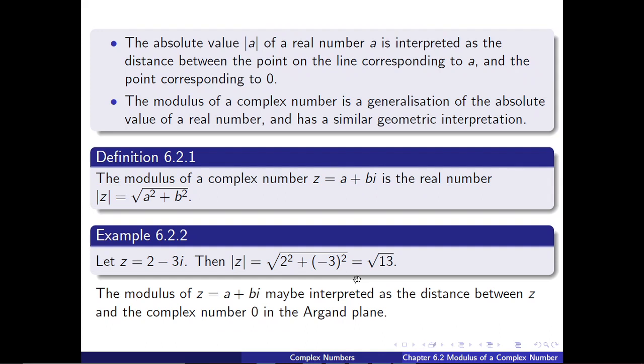Right, and just a bit of motivation on the modulus of a complex number. If we think of the absolute value of a real number, it is interpreted as the distance between the point on the line corresponding to a and the point corresponding to 0.